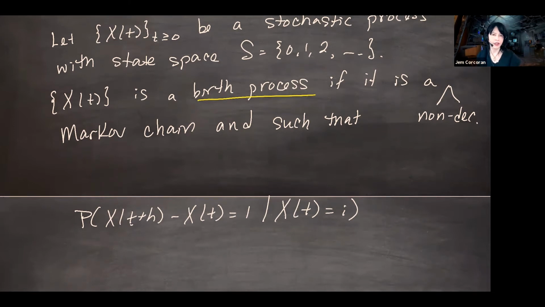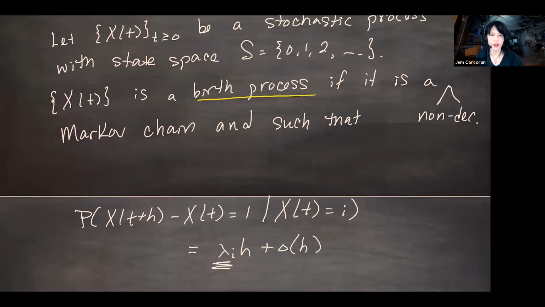So this is something we looked at for the Poisson process. And in the Poisson process, what happened here was completely independent of this. But it's no longer completely independent because having currently I people in the population gives us a rate. So it looks like a Poisson process. So it's lambda sub I of h plus little o of h.